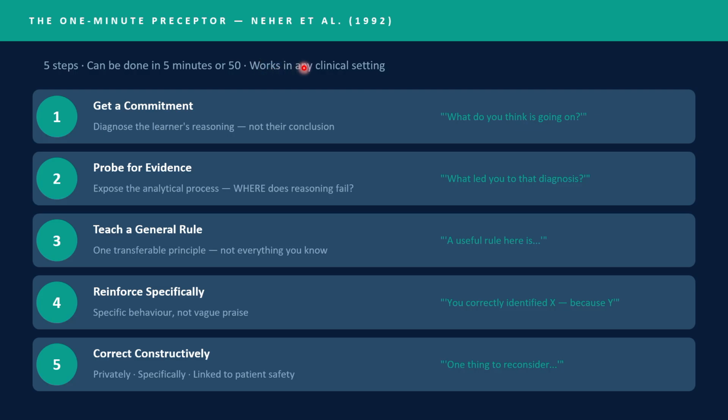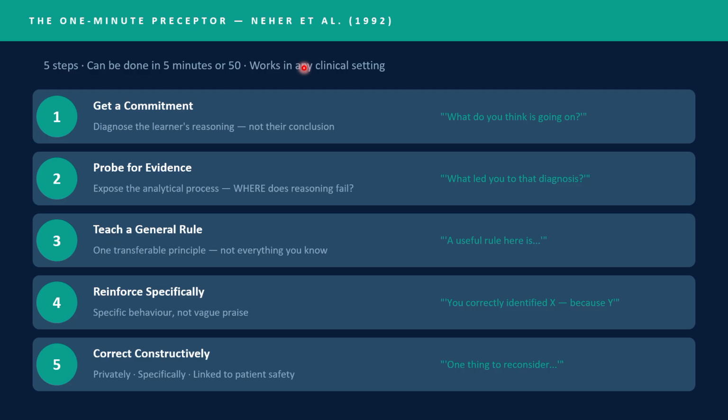I will go through the 5 steps. The first step is getting commitment, and getting commitment is actually the most commonly skipped step. Without it, there is nothing to teach from. It is very important to get commitment from the beginning.